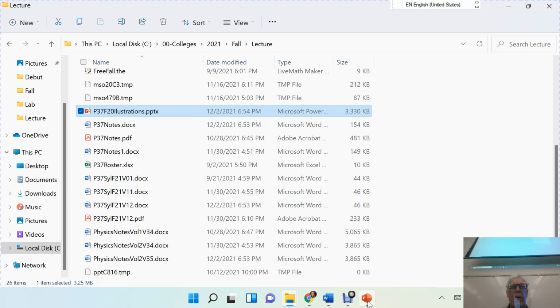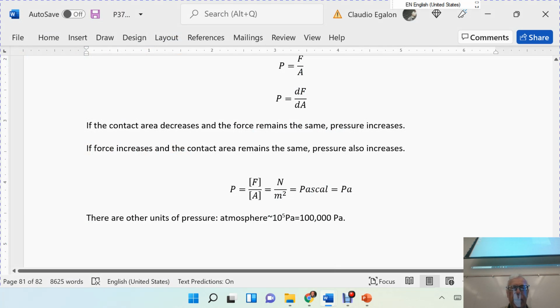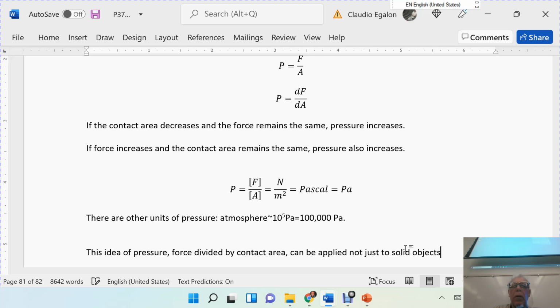Okay, so let's write that down. This idea of pressure, force divided by contact area, can be applied not just to solid objects, but also to fluids.